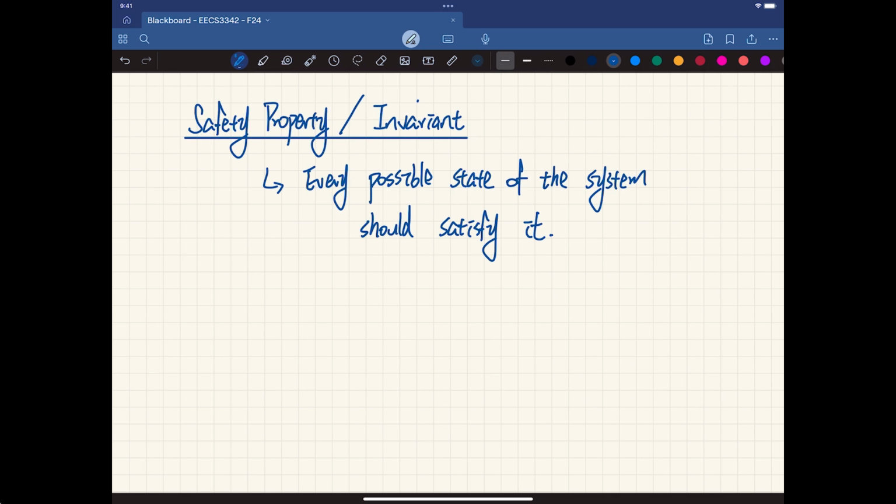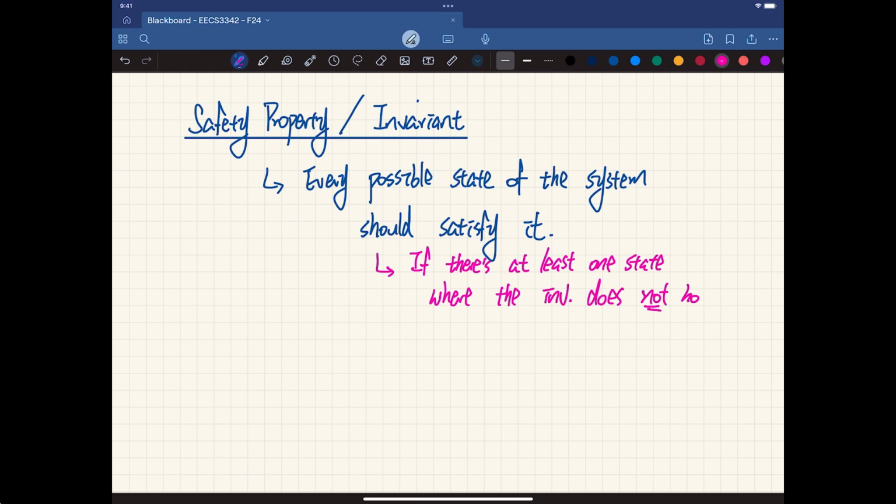If there's at least one state where the invariance does not hold, evaluates to false, it is not satisfying.